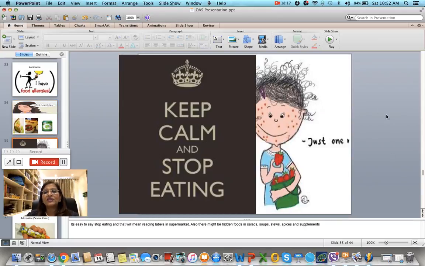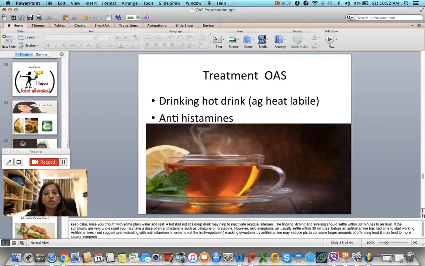So when you have an allergic reaction, what do you do? You keep calm and stop eating that offending food. You know you are flaring up, you know you have the itching sensation, so stop, and do not get tempted by saying, "Oh, I think I can get away with having one." As soon as you have the symptoms, wash your mouth and try to get a warm drink, not a very hot drink that will scald your mouth, that will help get rid of the antigen, since it is heat labile.